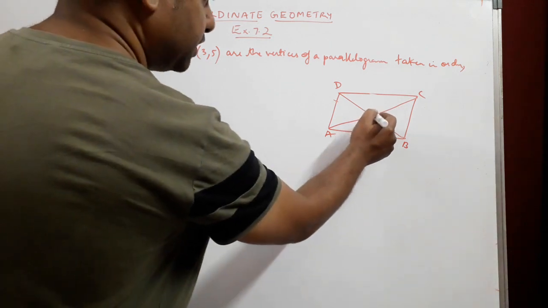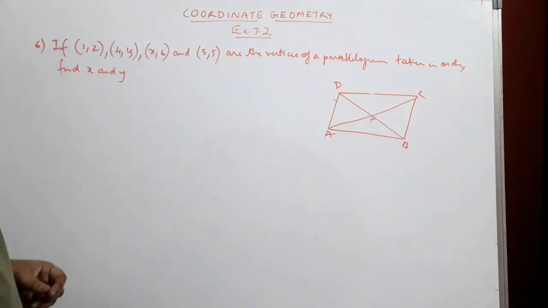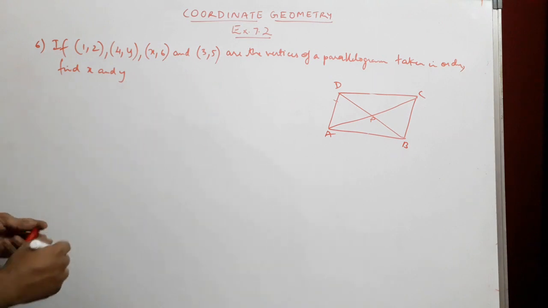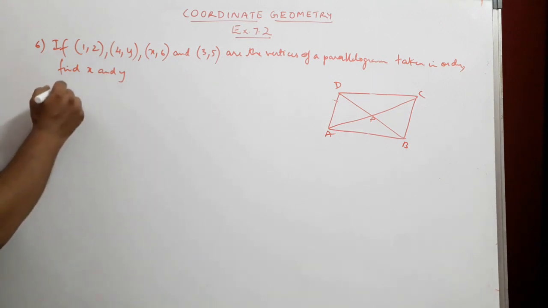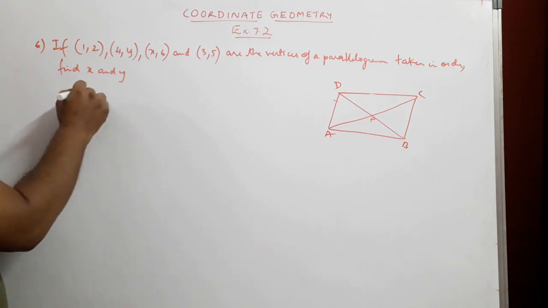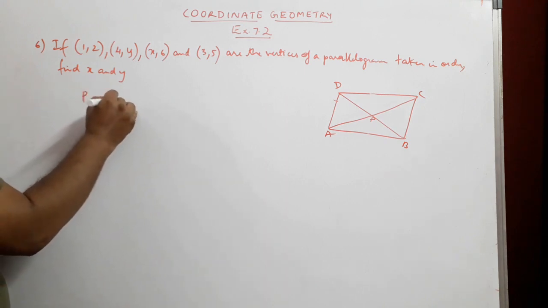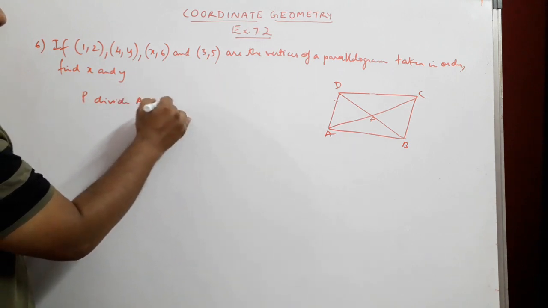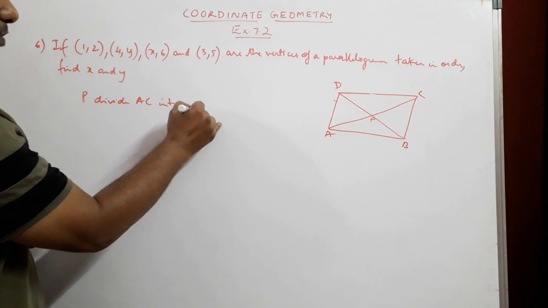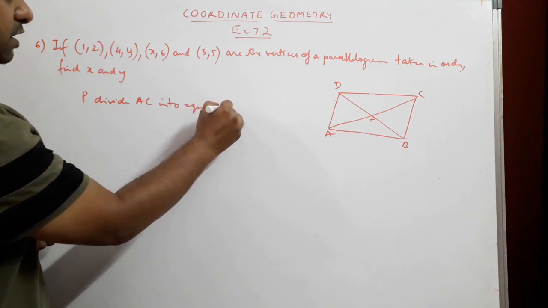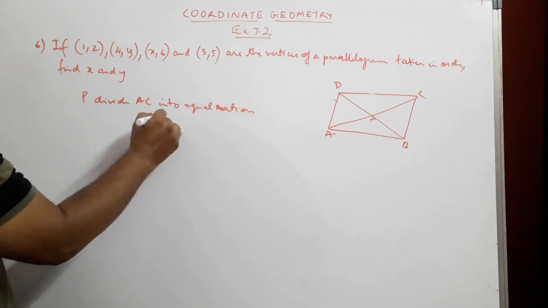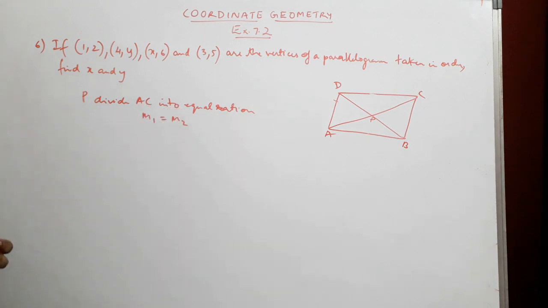Let's say this is a point, and we call it point P. As per the midpoint theorem we need to find the coordinates of P, where P divides the line segment AC into equal parts or equal ratios, which means m1 will become equal to m2.